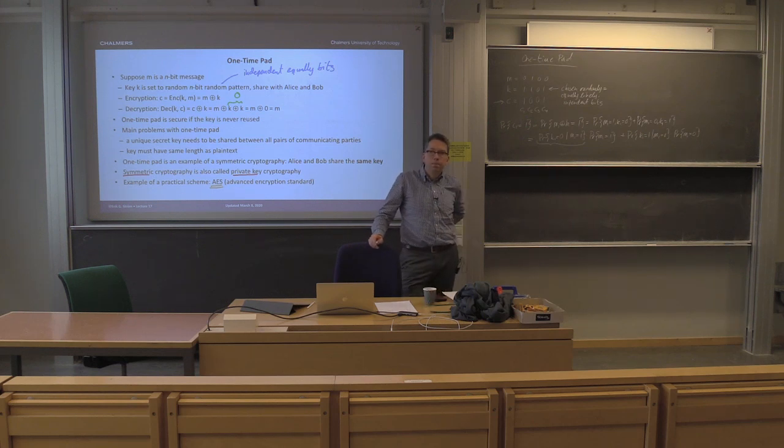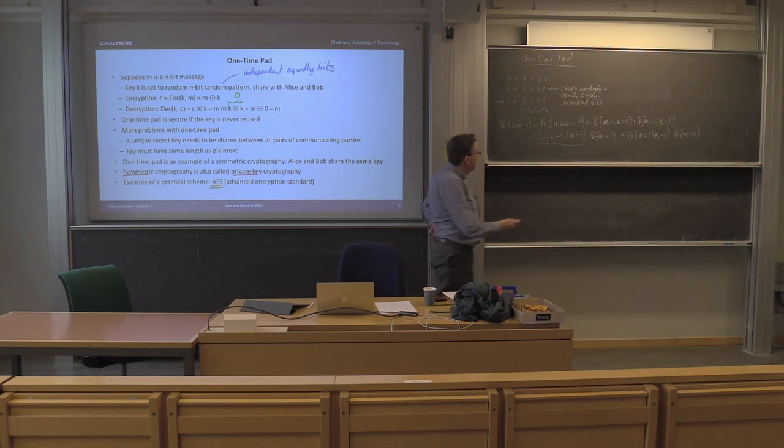What do you think? Isn't the bit in the key and the bit in the message independent of each other? Exactly, it's a good question. So the bits in the message and the key are independent of each other. Correct. Then isn't it just 0.5?